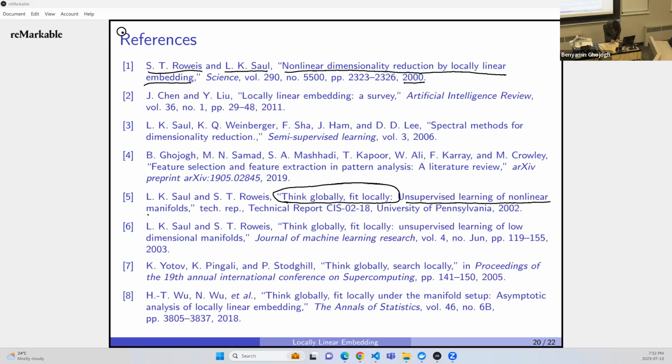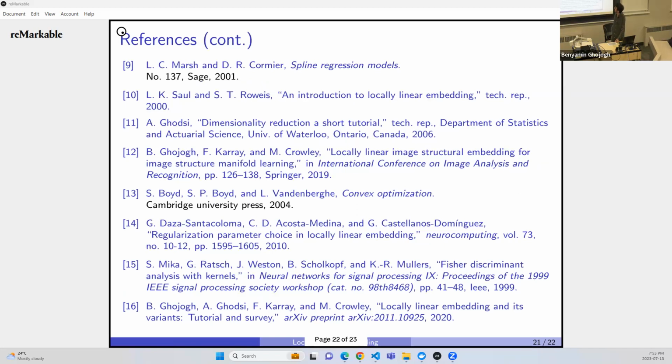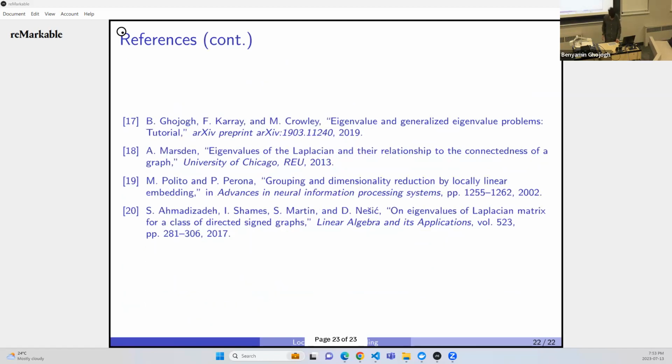They published it in the Journal of Machine Learning Research in the year 2003. Also, these are their other references. Okay, let's go to the next lecture.